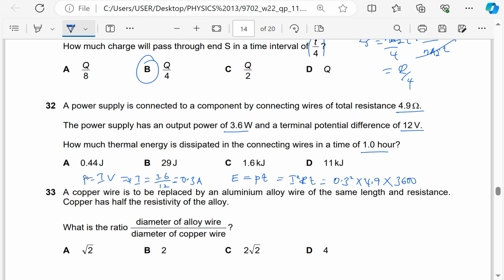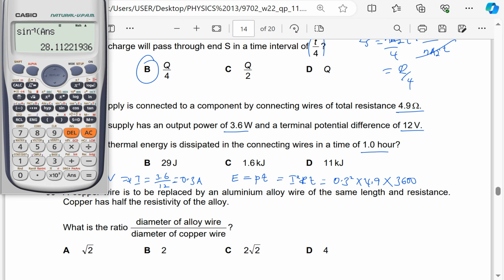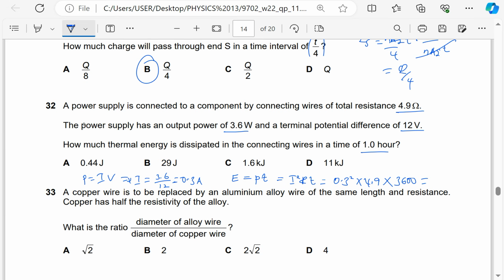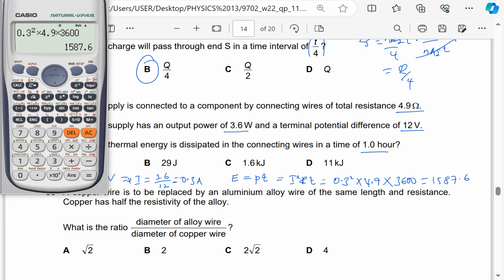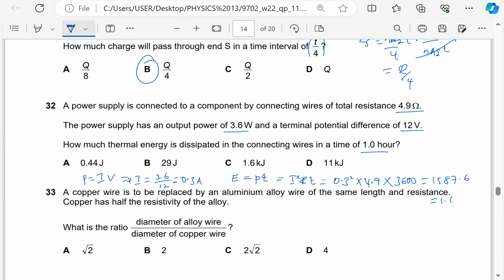So 0.3 squared times 4.9 times 3,600 is 1587.6, which is approximately 1.6 kilojoules. So the answer is going to be C.